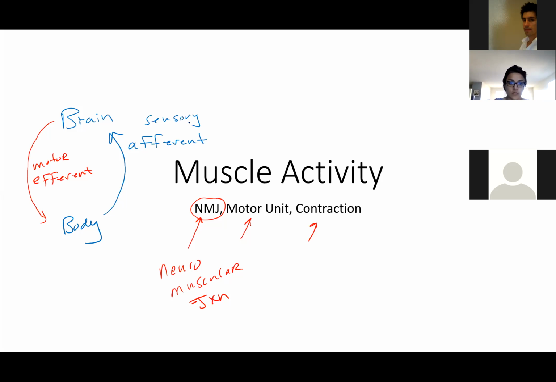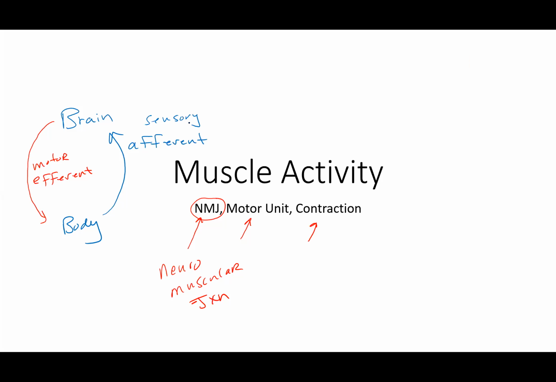Now, when it comes to muscle activity, and you see the word neuromuscular junction, you know you're dealing with nerves that are going to help with the motor unit. And when you see this word motor, think movement.